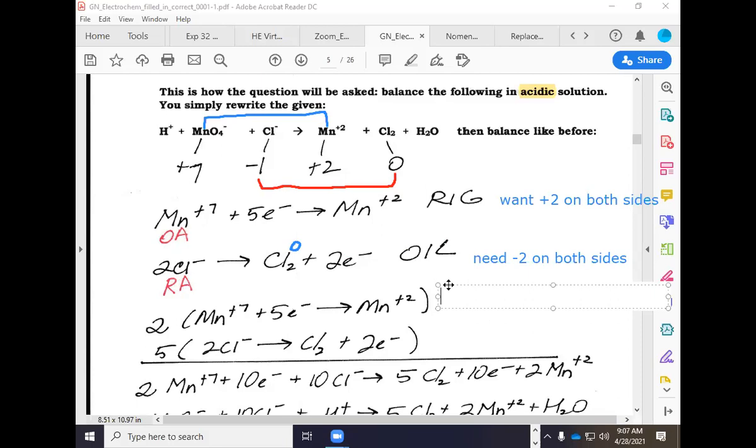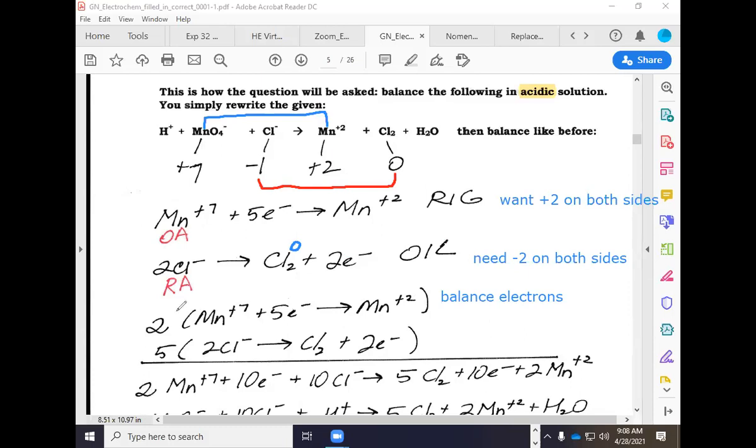So now we need to balance the electrons. So if we multiply this half reaction by 2, we would get 10 electrons.